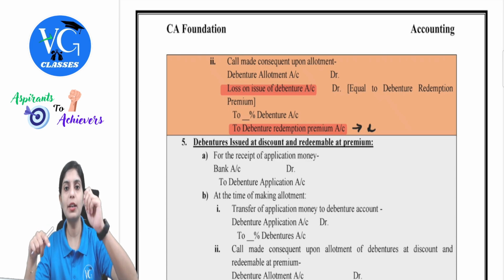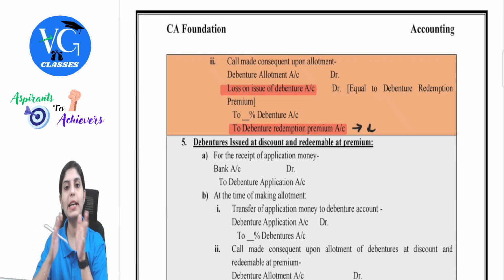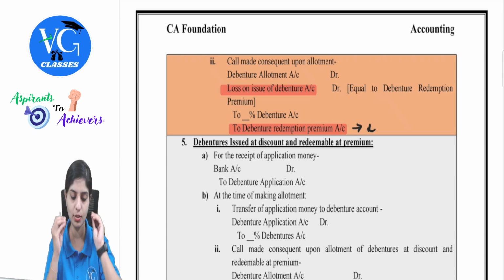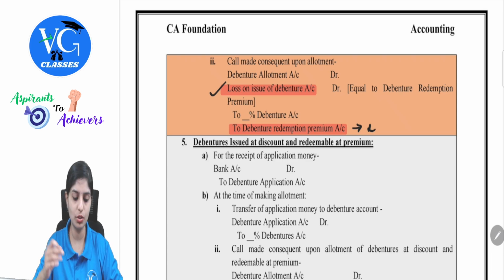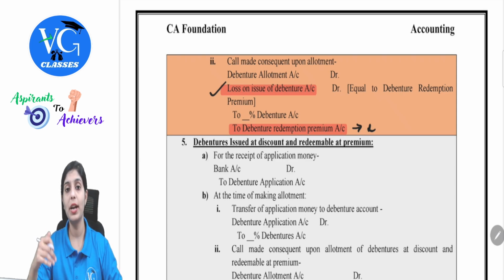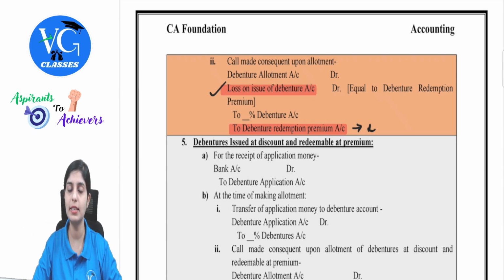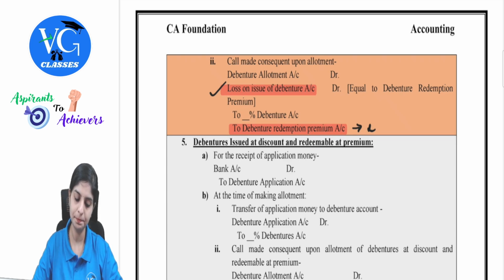So you are aware that today there is a loss which could happen in the future. As per the conservatism concept, I will recognize all possible losses. That's why I am debiting this to loss on issue of debentures. Now, why am I writing this as issue of debentures? Because I know at the redemption there is this extra money going out. I hope you understood the entry with the concept behind why it has been credited and why debited.